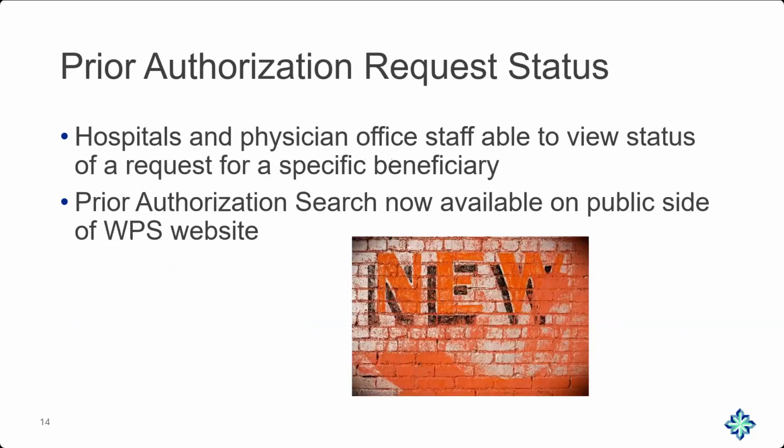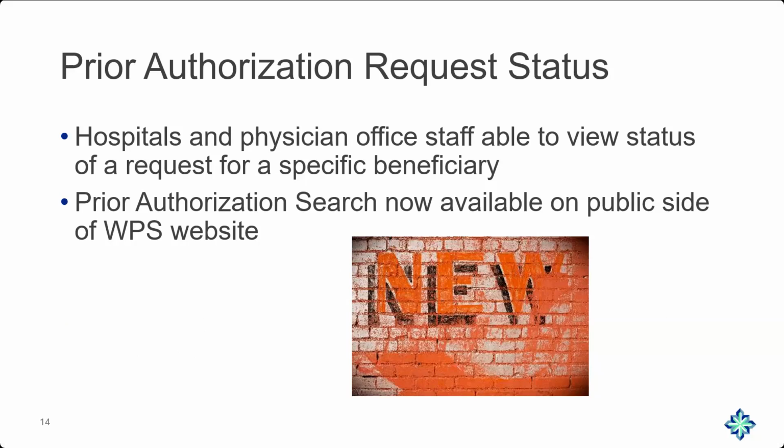After the request is submitted, what happens next? How do you monitor where things are in the process? Hospitals and physician office staff can view the status of a request for a specific beneficiary. Until recently, you were actually required to authenticate within the SecureNet Access portal.